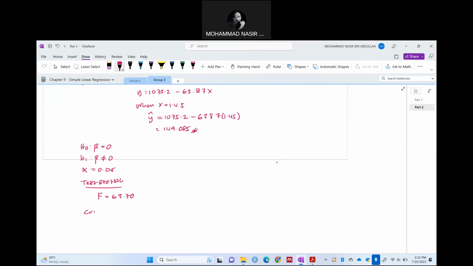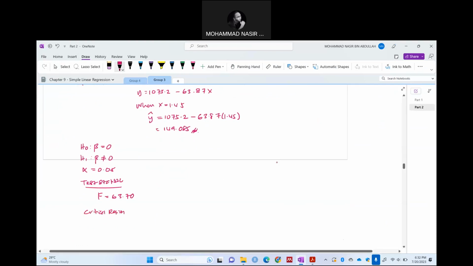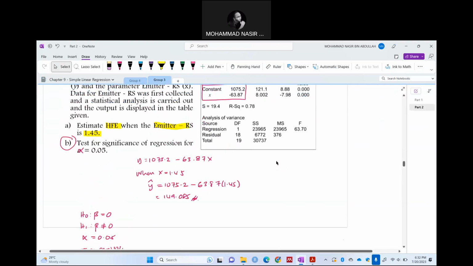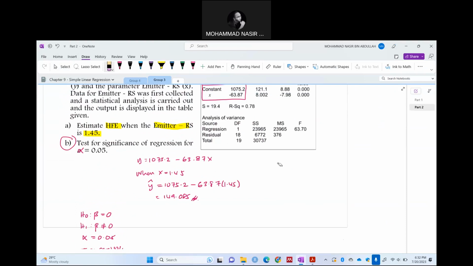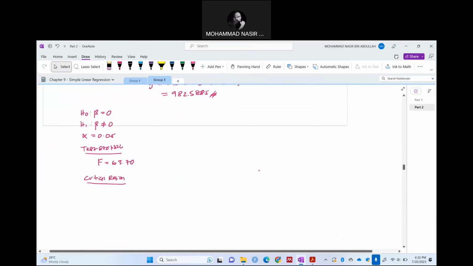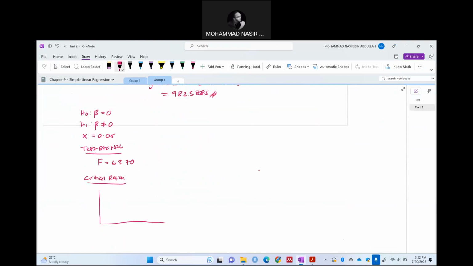And then our critical region. So this is the critical region.